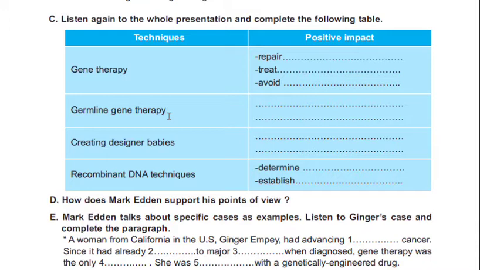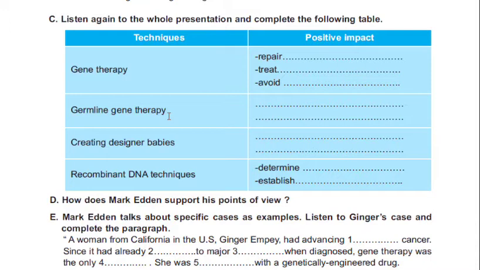You can listen to that in the passage. So we can insert genes or artificial chromosomes into embryos of babies in a process known as germline gene therapy.